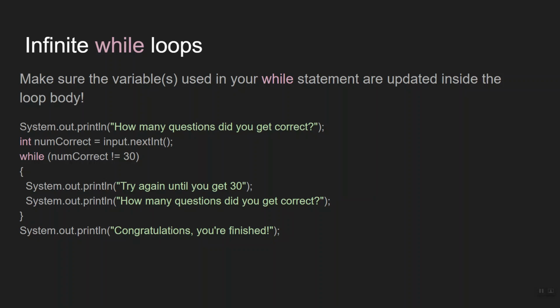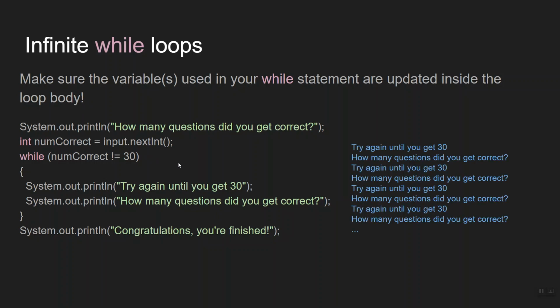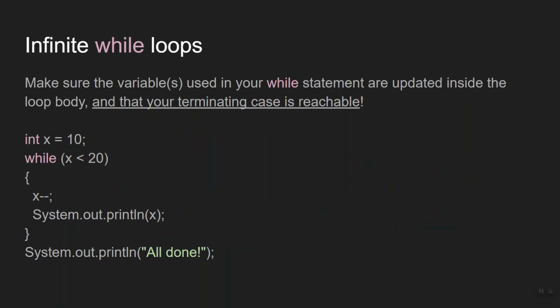You would have to force it to end some way. As you see here, it's based on numCorrect. I'm asking them to re-enter the value, but I never give them that choice. I never give them numCorrect equals input.nextInt as a mistake. And so this is what I'm going to see over and over again. I will never see congratulations, you're finished, unfortunately.